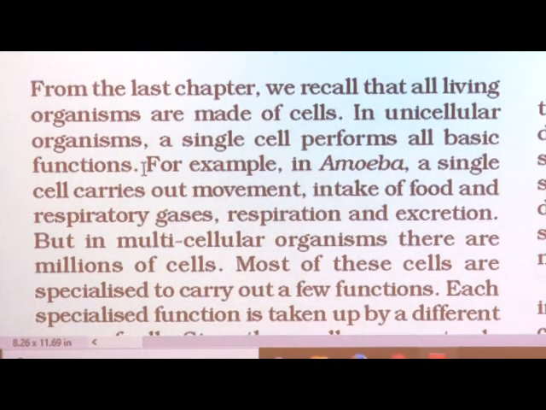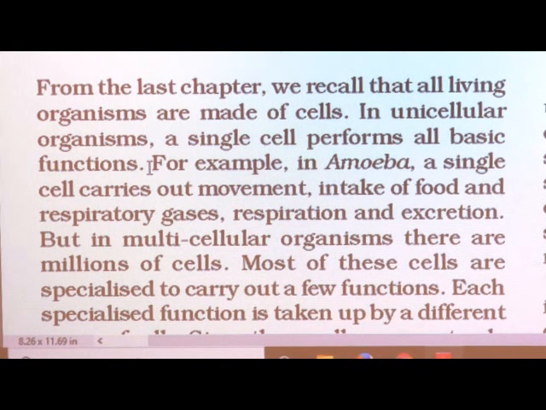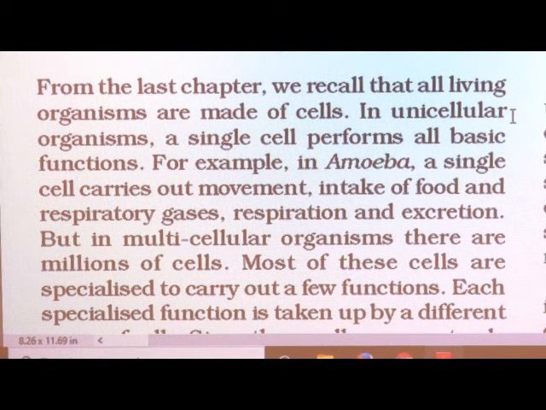In the word unicellular, uni stands for one. So, unicellular means the whole body is made up of only one cell, and this single cell performs all basic functions. For example, amoeba.